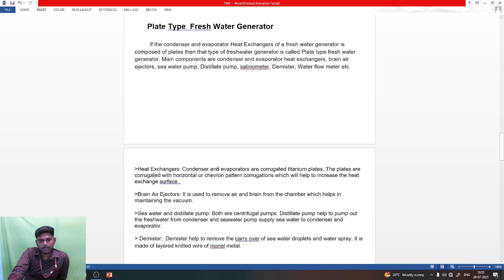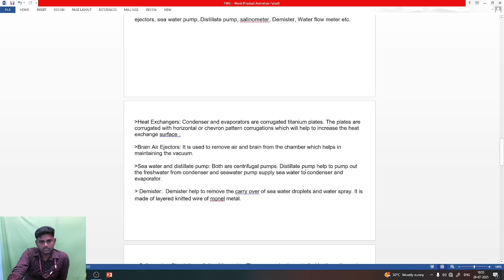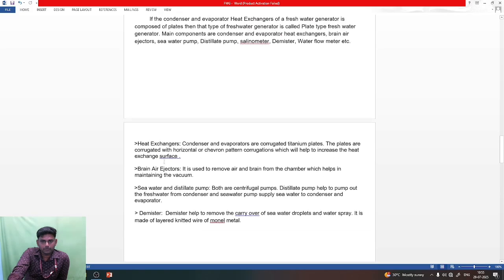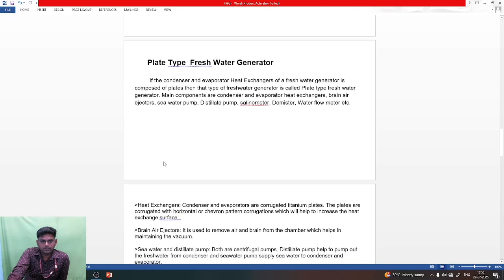The condenser and evaporator are made of titanium plates for a better heat exchange process. Then the air ejector is used to remove air from the chamber, which helps in maintaining the vacuum.